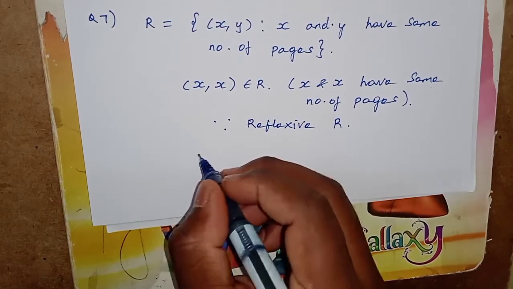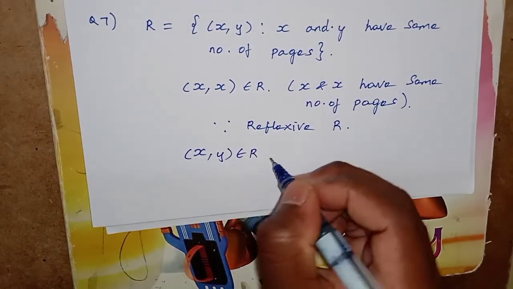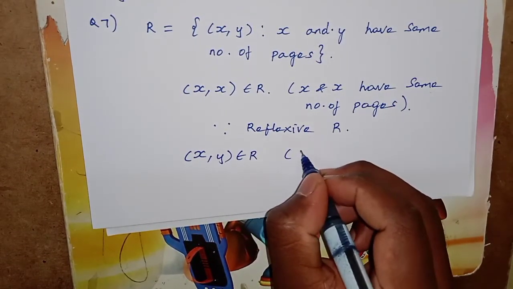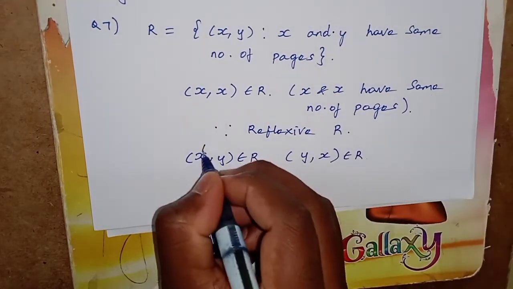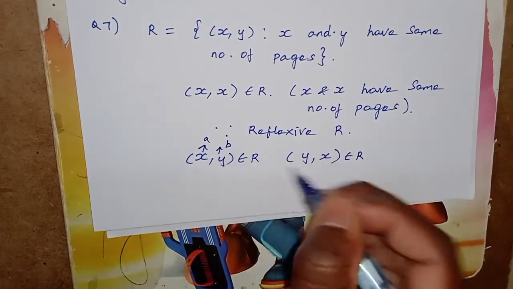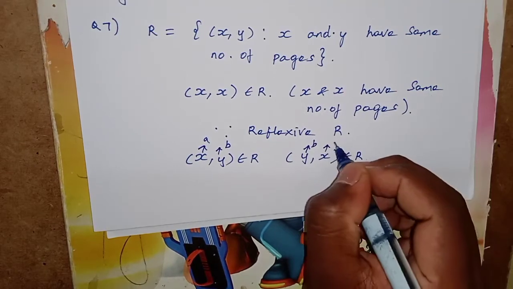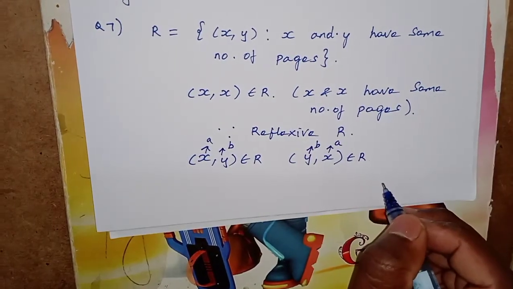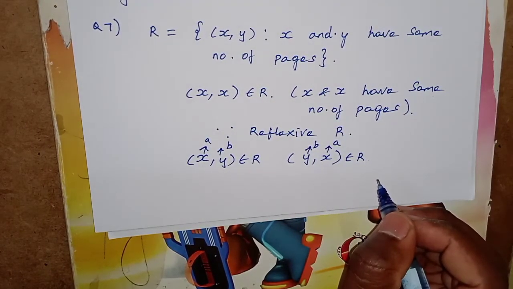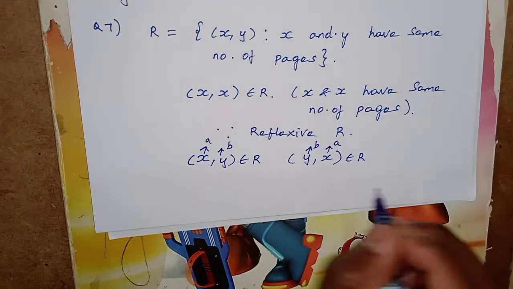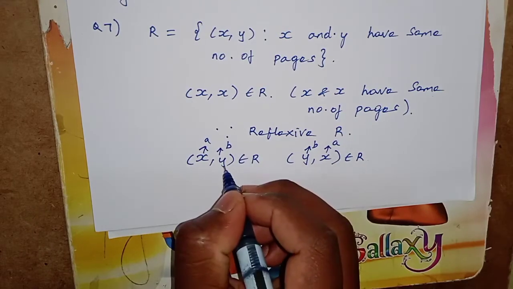Next, symmetric. For symmetric, (x, y) belongs to R. Next, (y, x) also belongs to R. Here it is (a, b), the places are interchanged, here (b, a). In a college library, the books just interchange their locations. x is kept in the first rack, y is kept in the second rack.